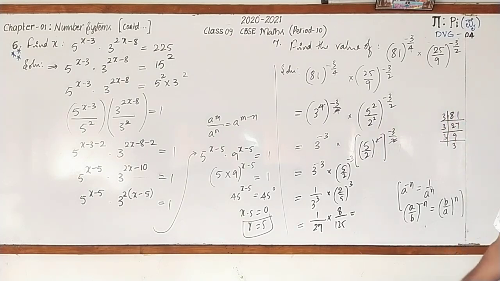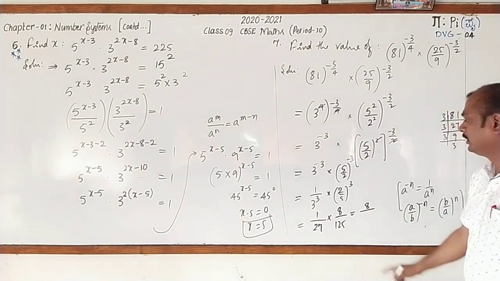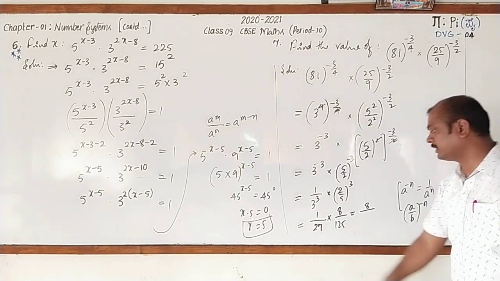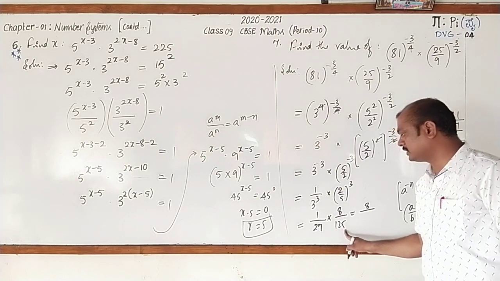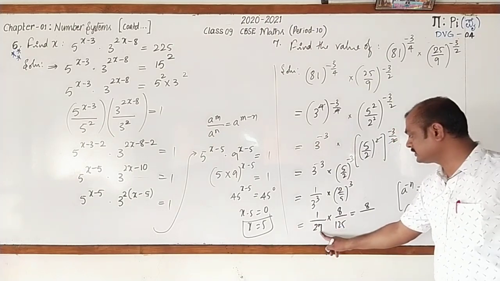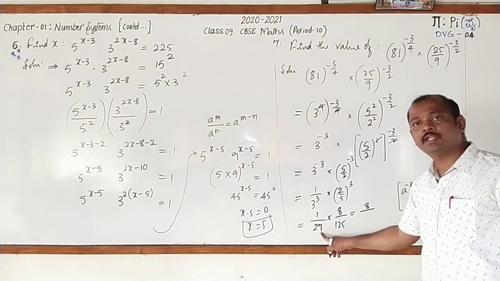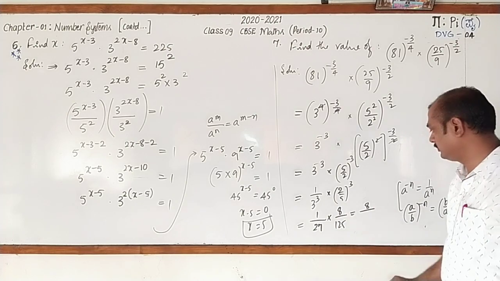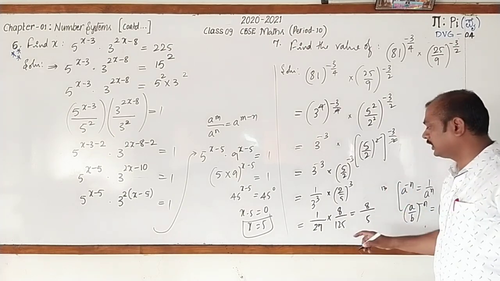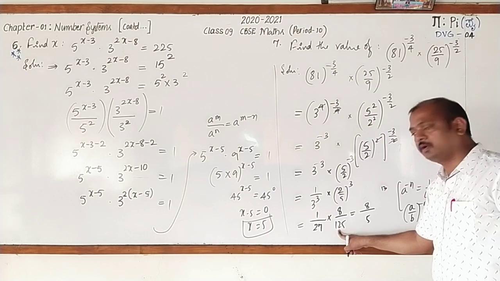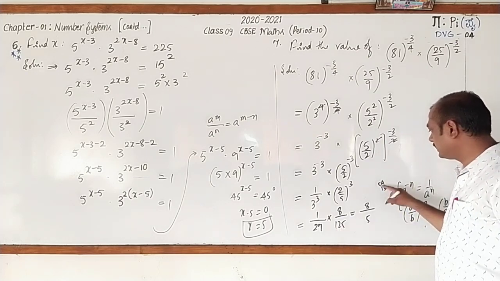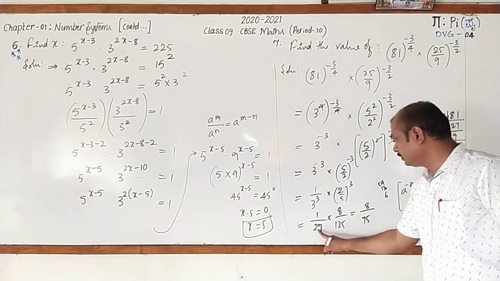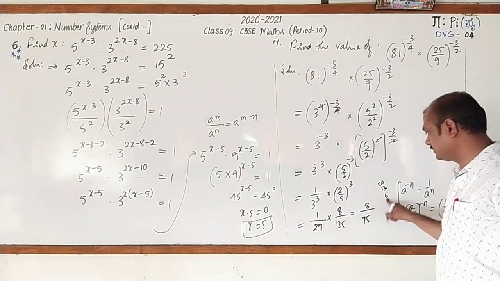It is equal to 8 by, you can go for multiplying this, 125 into 27. 27 5s are 135, 13 is the carry. 27 2s are 54. 54 plus 13, 67. 6 is the carry. 27 ones are 27 plus 6, 33.